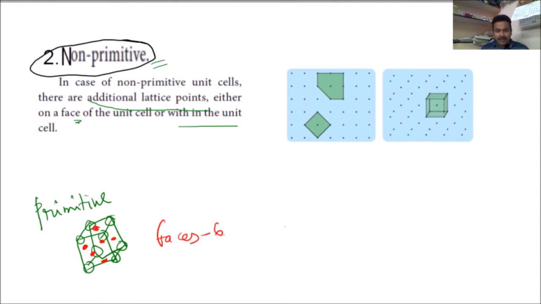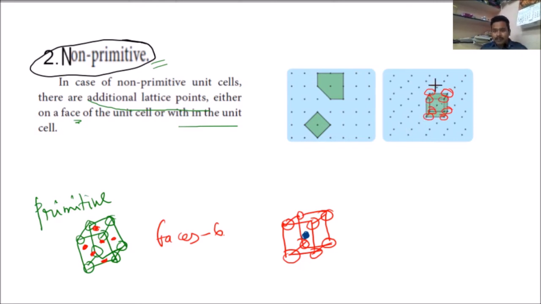Otherwise my cube is there as usual. My unit cell is there. All the corners are there. All the corners occupied means this is a primitive. In addition to this corner lattice point, additionally at the center of the cube, observe what I am saying. 1, 2, 3, 4, 5, 6, 7, 8. 8 are there.